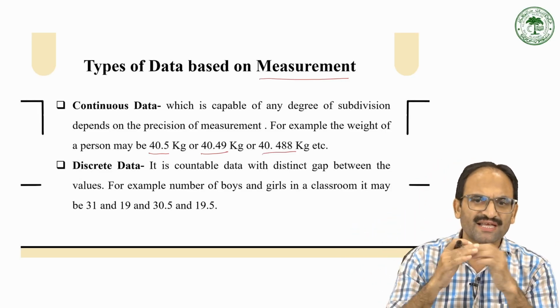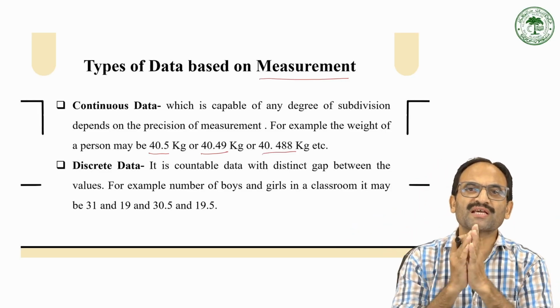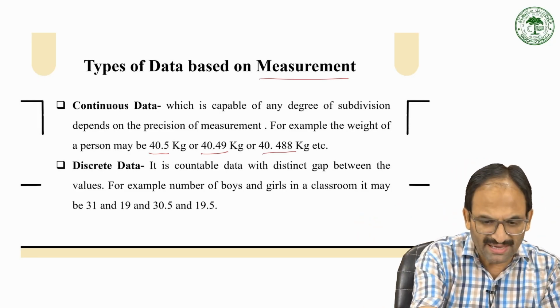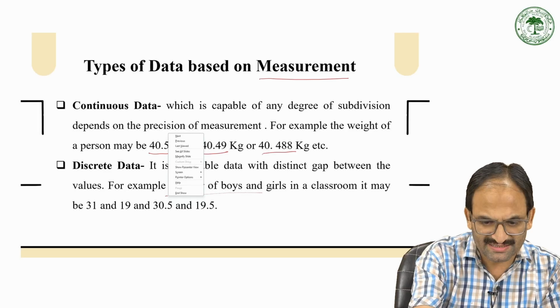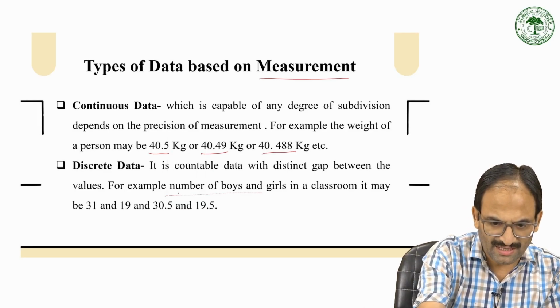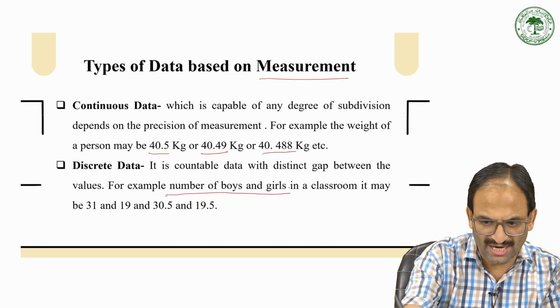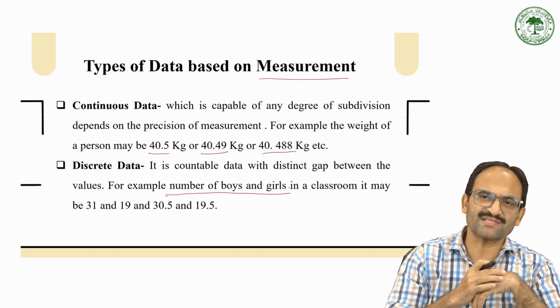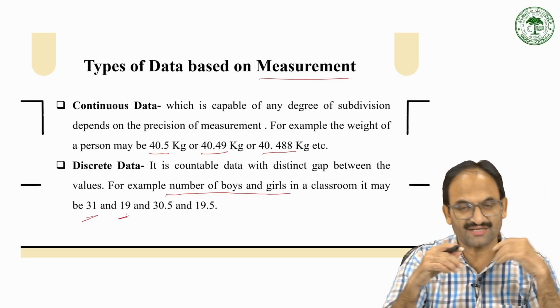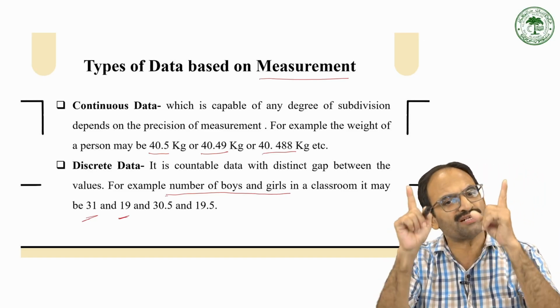But besides it, there are so many things which we can't measure in decimal. For example, number of boys and girls. So in my class there are 31 boys and 19 girls.